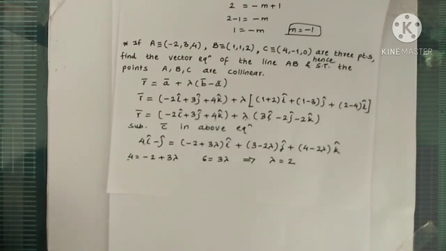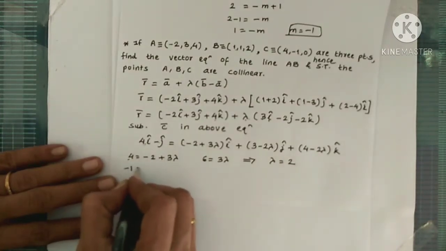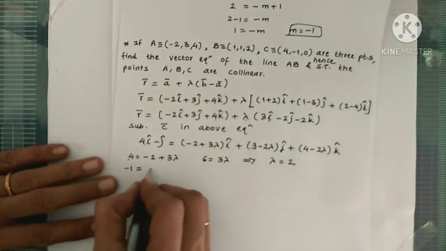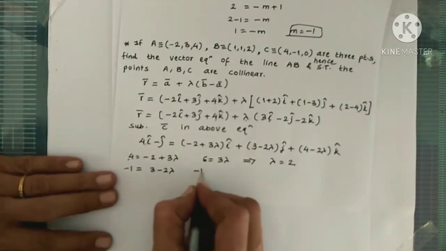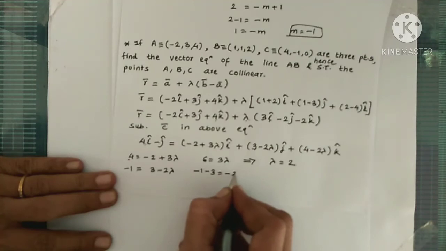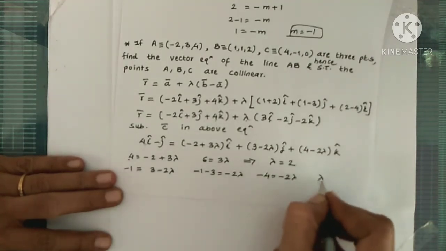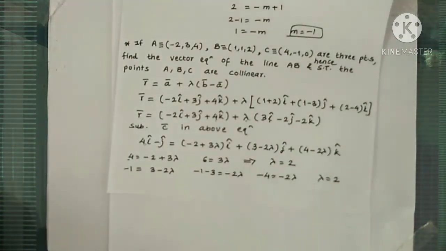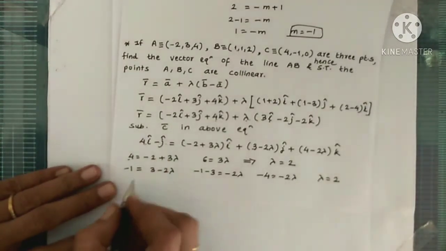Now let's solve equation number 2, that means equating coefficients of j cap. Here it is minus 1 and here it is 3 minus 2 lambda. So minus 1 minus 3 equals minus 2 lambda, so minus 4 equals minus 2 lambda. Dividing both sides by minus 2, we get lambda equals 2. For the last one, the term in k cap is absent, that means it is 0.